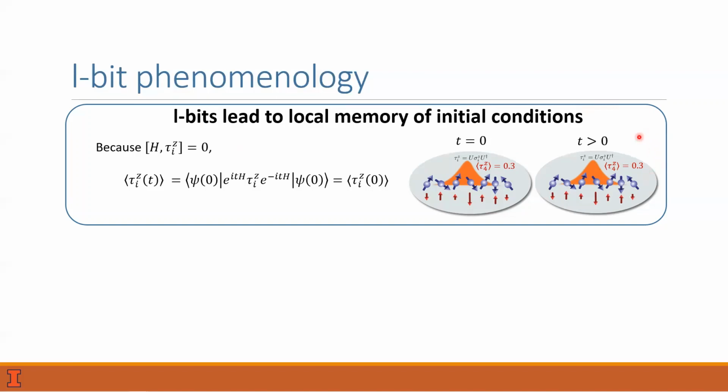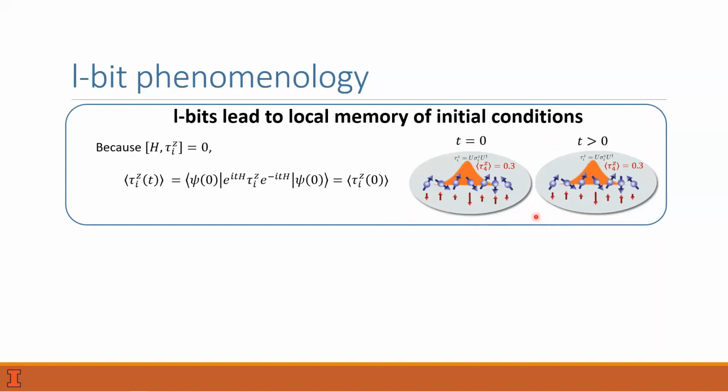So just by looking locally, because these L bits are local operators, you can determine what the initial condition of your system was. So clearly there is some local memory, and L bits imply this local memory, which implies that the system doesn't thermalize.